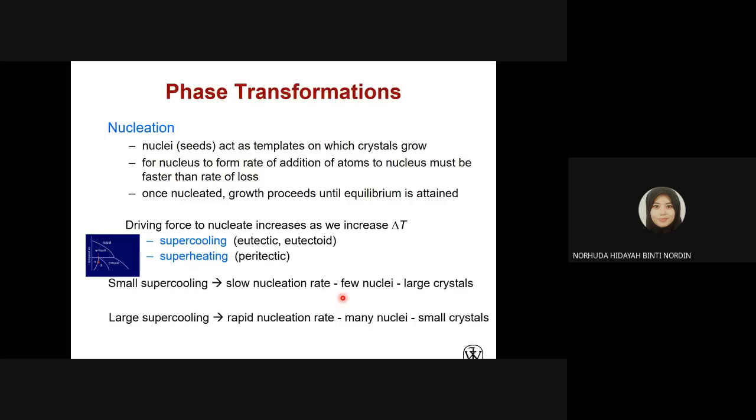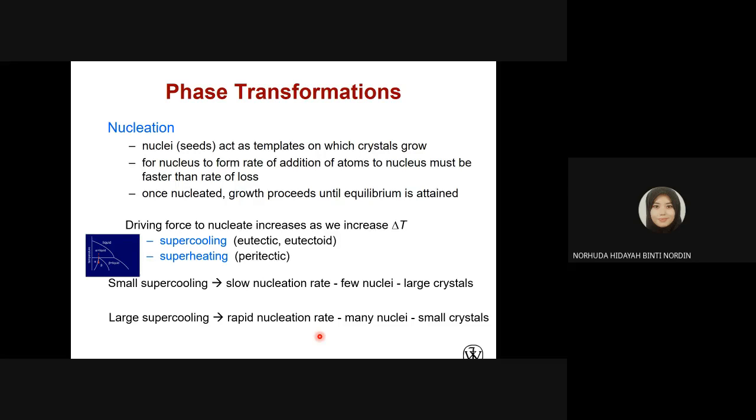Large supercooling means that you cool it very fast, which results in a rapid nucleation rate. You will get more nuclei, because you cool it very fast and the nucleation rate is very fast.